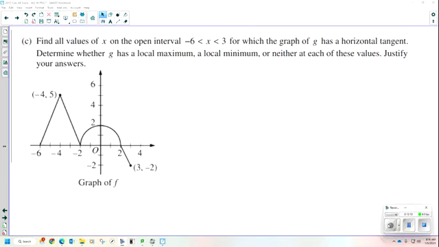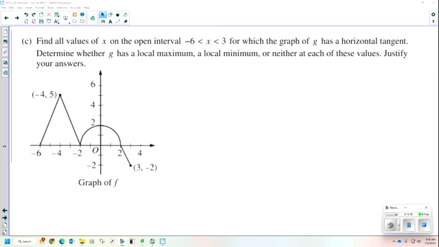5c. Find all values of x on the open interval from negative 6 to 3, for which the graph of g has a horizontal tangent. Determine whether g has a local maximum, a local minimum, or neither at each of these values. Justify your answers. We can show math work or we can write a little note, any type of justification.